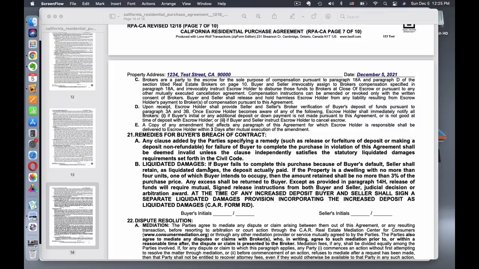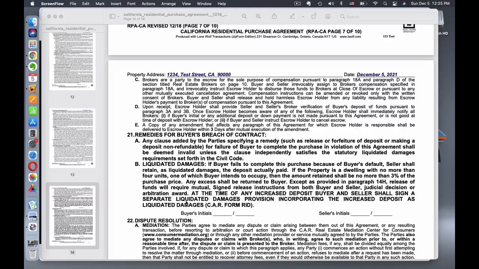if buyer fails to complete this purchase because of buyer's default, seller shall retain as liquidated damages the deposits actually paid. If the property dwelling is no more than 4 units, one of which the buyer intends to occupy, then the amount retained shall be no more than 3% of the purchase price. Any excess shall be returned to the buyer except for as provided in 14H.